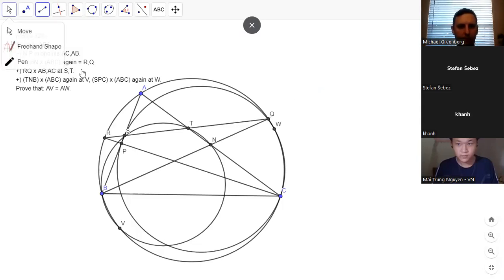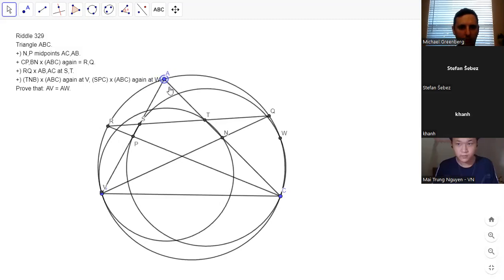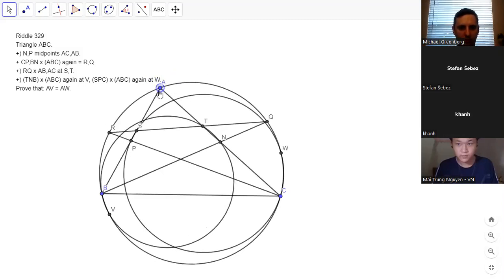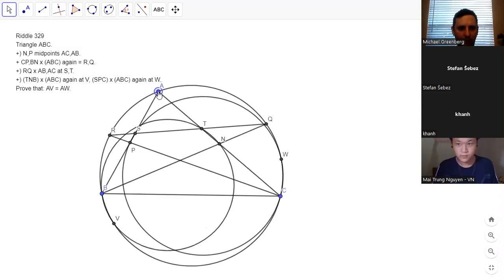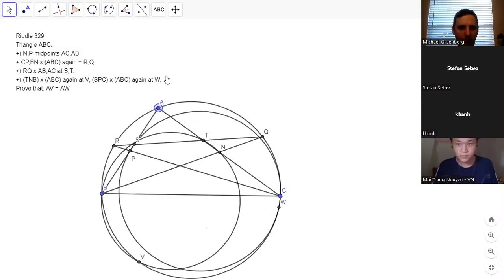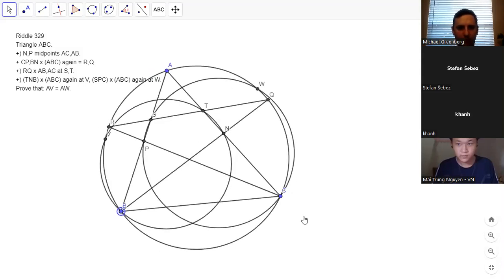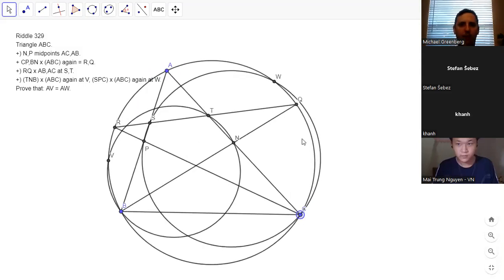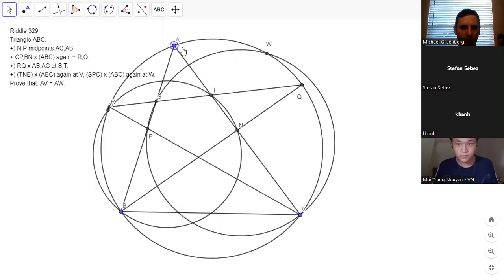So let me try to make the diagram look a little nicer. Yeah, see, triangle SPC is such a narrow triangle. I wonder, what if I make ABC like a taller triangle? I think the picture might look a little better. Yeah, I like that better.